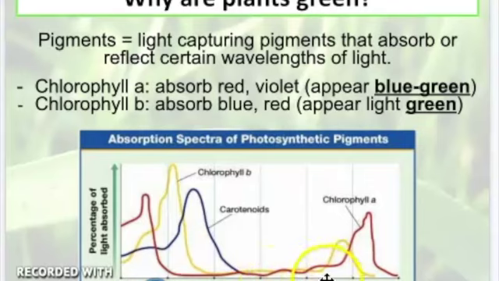It's kind of hard to see, but because it stops right here, there's really no absorption along this end of yellow, orange, and red. So what's the color that we end up seeing? It's going to be this orangish color, because that's what's being reflected back. It's not being absorbed by the carotenoids.